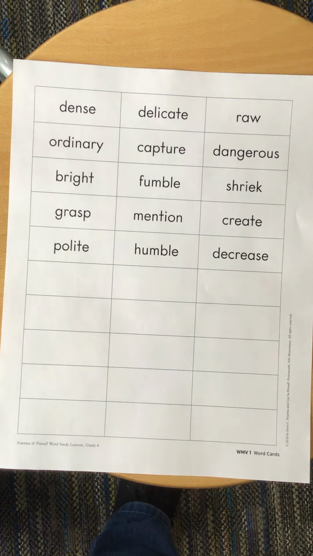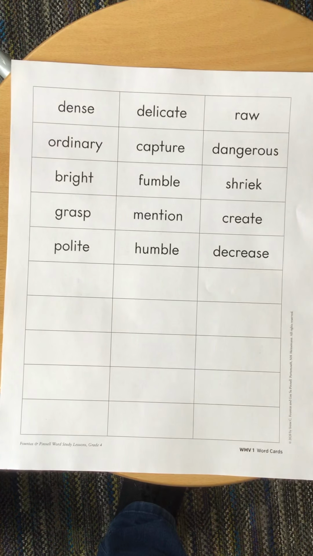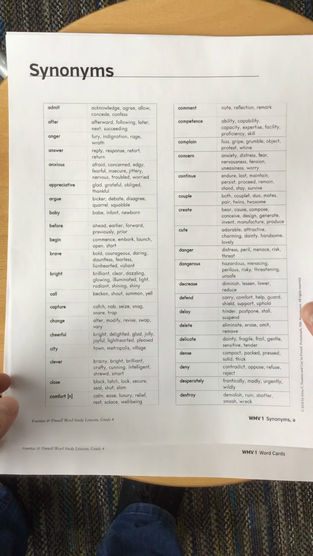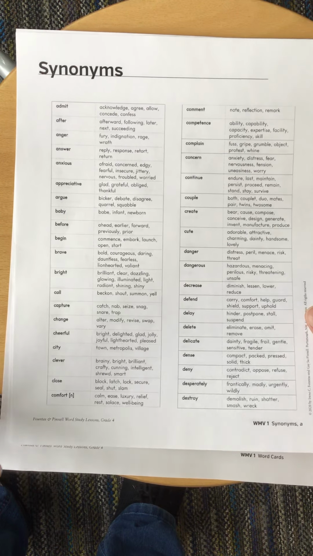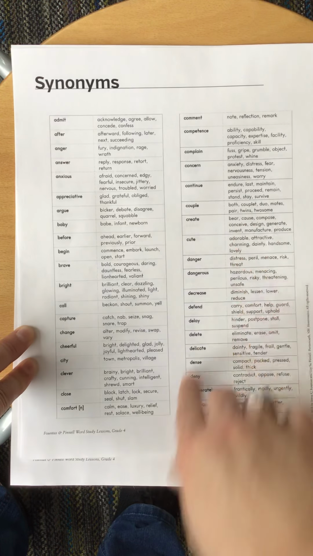I'm going to include in this video, or in your slides, some pages from a thesaurus. Your words don't have antonyms, but they have lots of synonyms for each word.